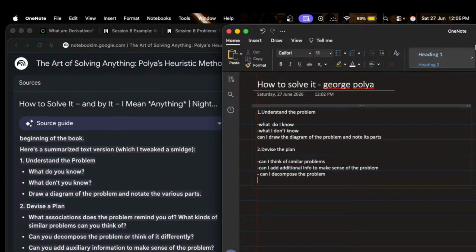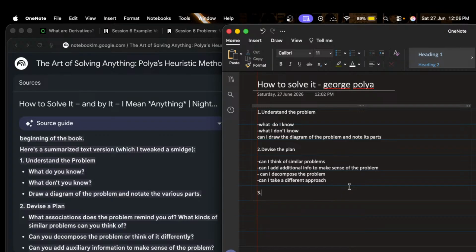Okay, so can I think differently? Can I take a different approach? This is something that we have to think about very deeply. So it's not easy.